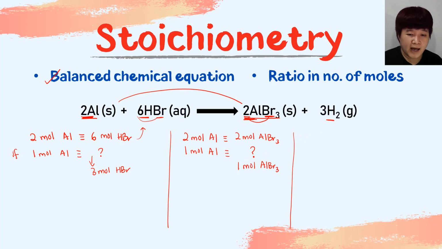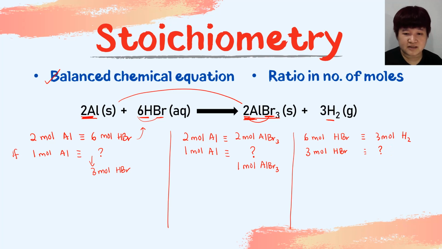We can compare anything in the equation as long as it is balanced. So I can compare 6 moles of HBr producing 3 moles of hydrogen gas. If I only have 3 moles of HBr, how many moles of hydrogen gas do I form?